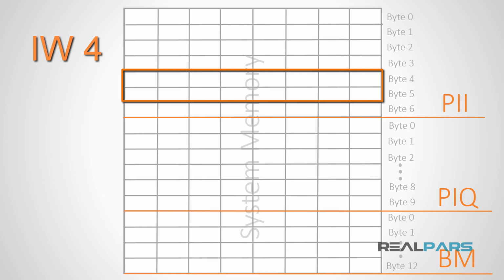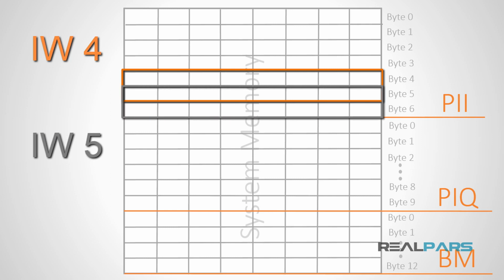Now, if we use the IW5 address in any other section of the program, we have used bytes number 5 and 6 in PII as well. Therefore, in this case, we have used byte number 5 for 2 different addresses. In other words, the IW4 and IW5 addresses are overlapping at byte number 5, and this results in an error in programming.